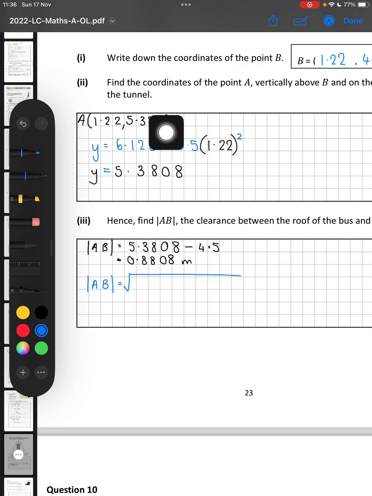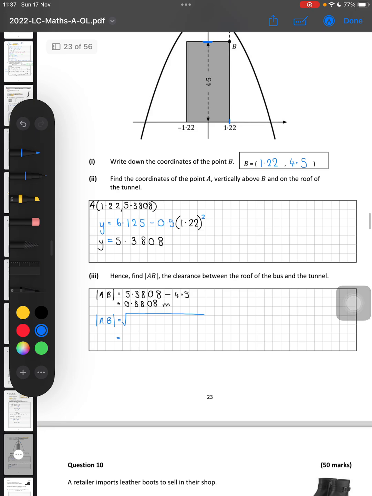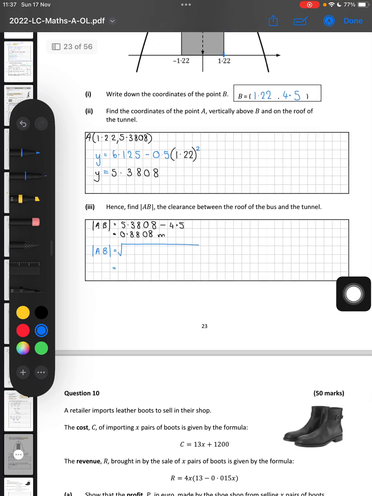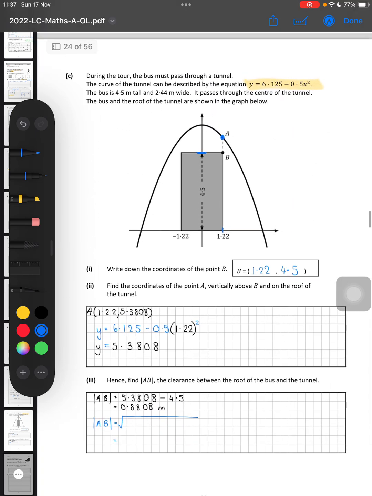You can label these points as x1, y1, x2, y2, and fill in your formula there, and you'll still get the exact same answer. All you'll notice is that the x2 minus x1 is going to give you a value of 0 because they're just not making a difference to your answer here. But that will still be a perfectly correct answer for you. If you do it out this way, you'll still get the same answer here.